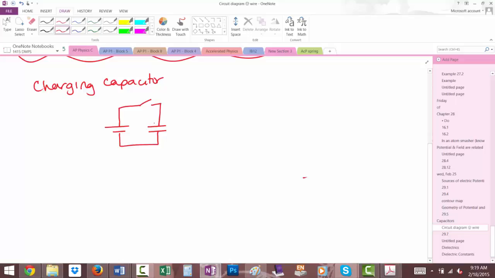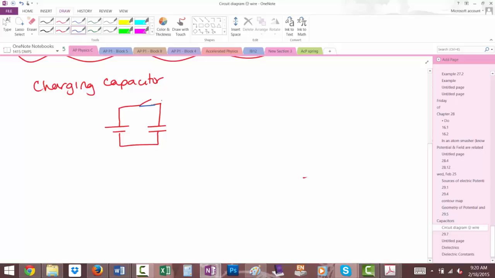what happens? Let's talk about it physically. A potential difference happens at the capacitor. Right, so a potential difference is established across the entire thing. Physically, let's think about this. Actually, literally, what's going on, and this is something I'm going to push you to think about over and over again because it's really important.